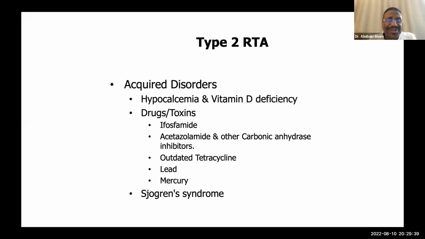Acquired disorders: hypocalcemia, vitamin D deficiency has been shown to be associated with type 2 RTA. Drugs, certain medications, toxins, outdated tetracycline, lead, mercury can give you defects in the proximal tubule, and Sjogren syndrome can be one of the rheumatological causes for proximal tubulopathy.